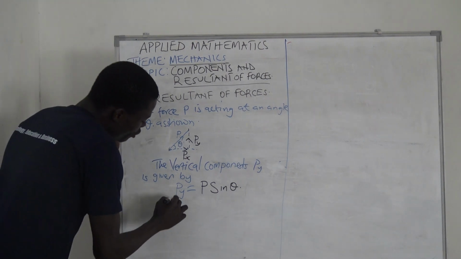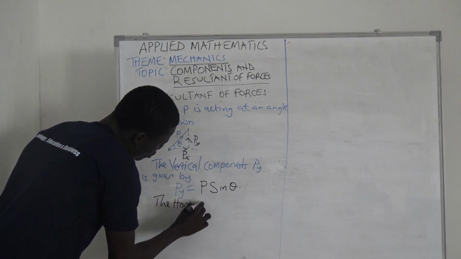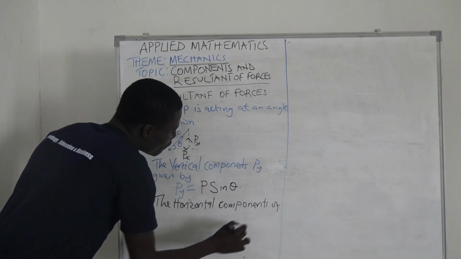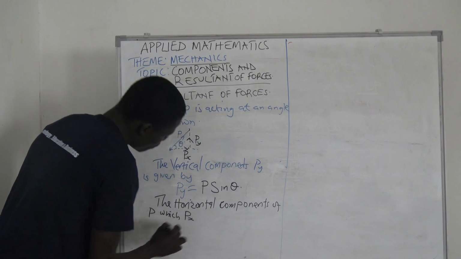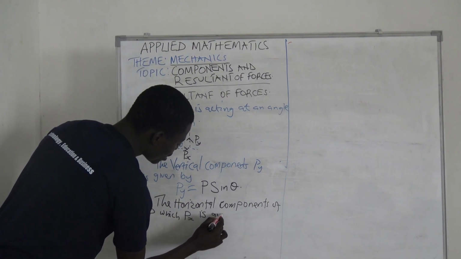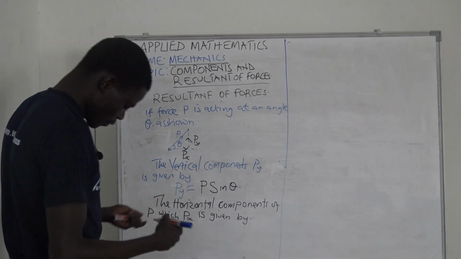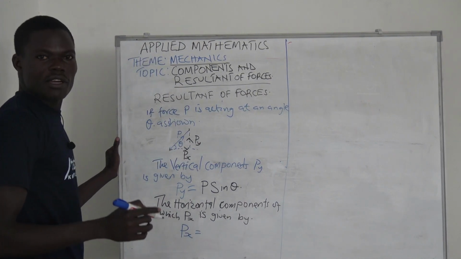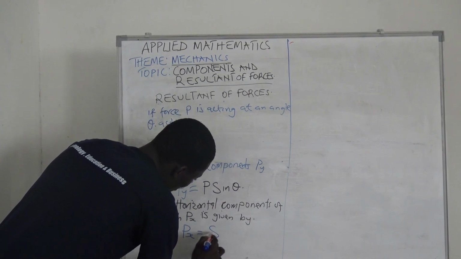And then the horizontal component of P, which is Px, is given by Px equals the horizontal component.